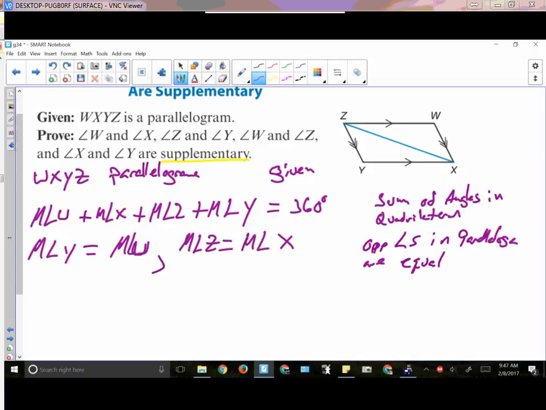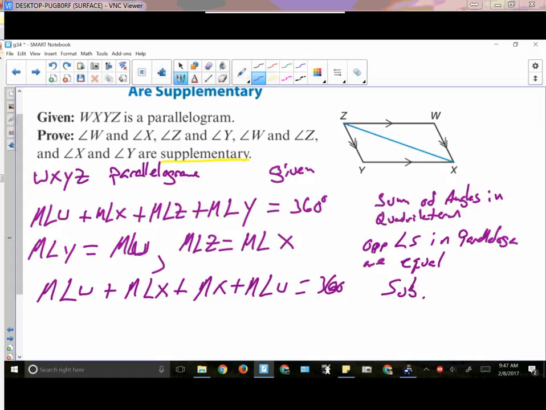So now for those of you that aren't paying attention, watch this. Can I go and say that the measure of angle W plus the measure of angle X plus the measure of angle X plus the measure of angle W is equal to 360 degrees by substitution? Can I do that?